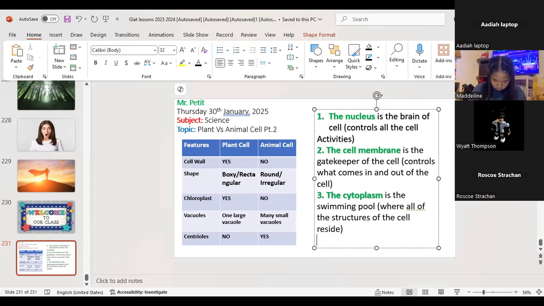Next, number 4, so we have the nucleus, the cell membrane, the cytoplasm.